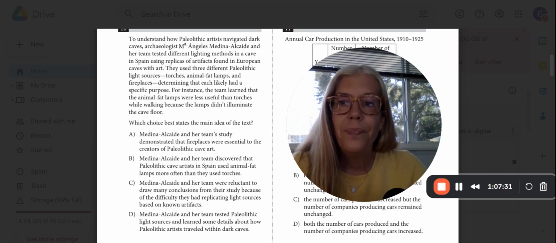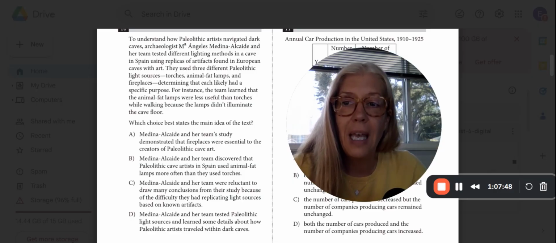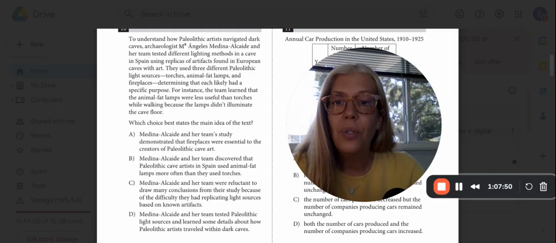Number 10, main idea of the text. To understand how Paleolithic artists navigated dark caves, archaeologist, I'm not going to try to say the names, and her team tested different lighting methods in a cave in Spain using replicas of artifacts found in European caves with art. They used 3 different Paleolithic light sources.